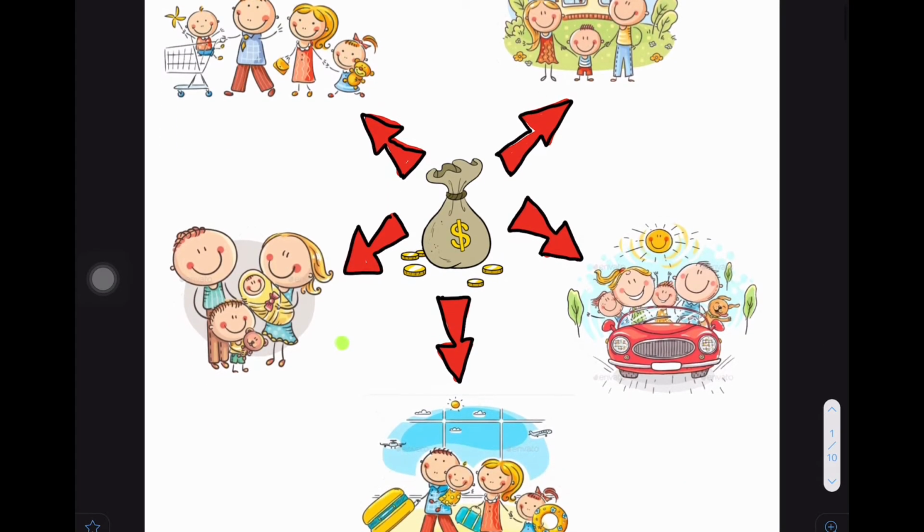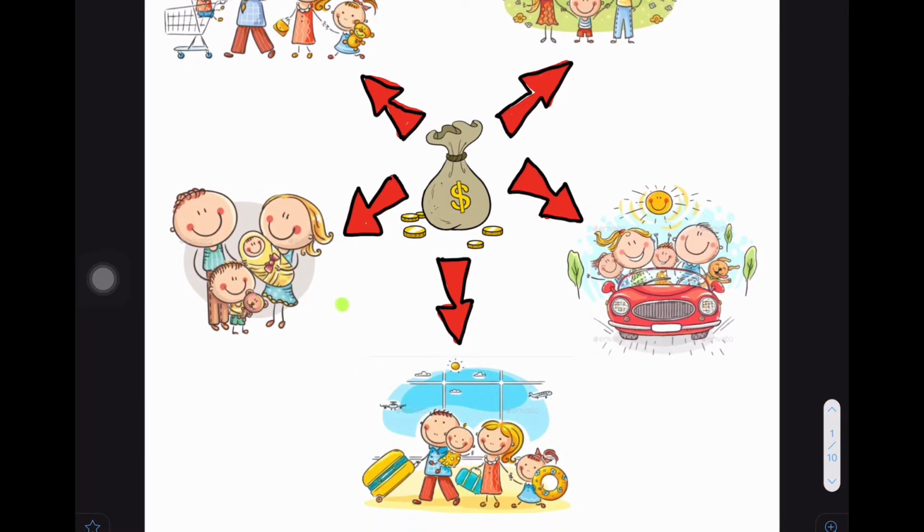You can build a family, you can bring your family to go for travel, and you can use money to do many things. Money is very important, but sometimes kita tak ada duit yang cukup. So we might need to borrow money from somewhere. Kita mungkin perlu pinjam duit daripada sesuatu tempat ataupun seseorang.